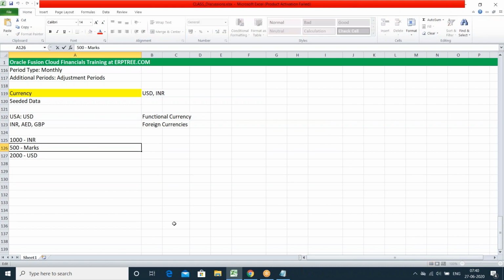Okay, this we call, so marks, kilograms, meters, or the memory measurements, GB. These all are not monetary related measurements, non-monetary measurements. So this information, if you are going to maintain in the system, you simply call as statistical information.